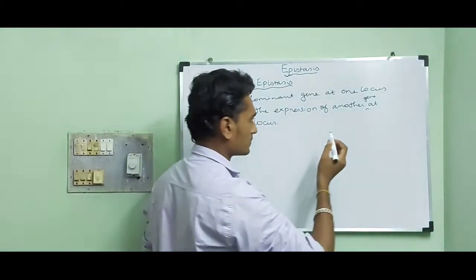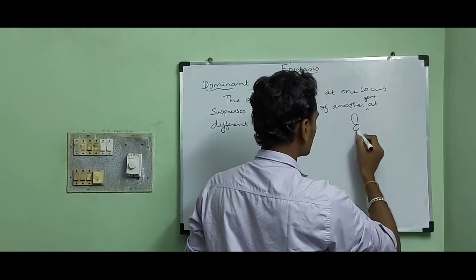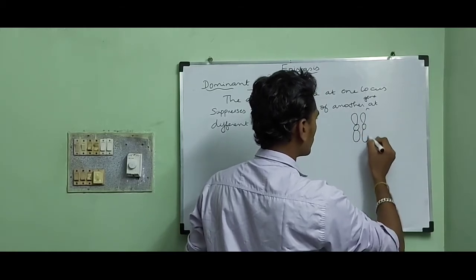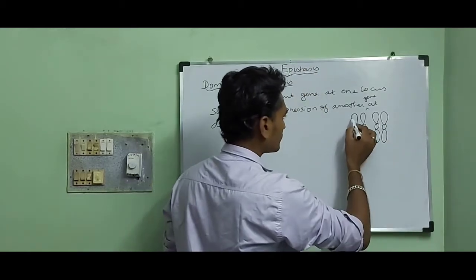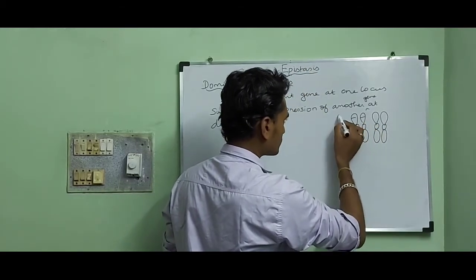So I will explain with the diagram. These are two pairs of homologous chromosomes. Here the alleles are fixed in this position.